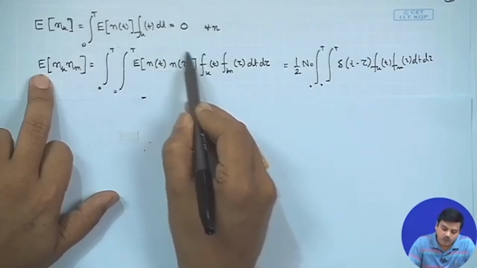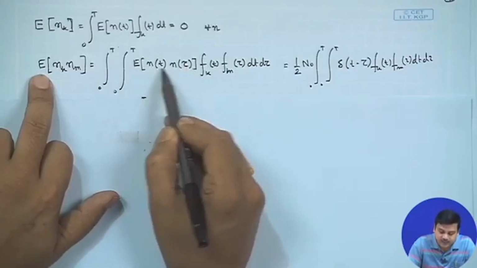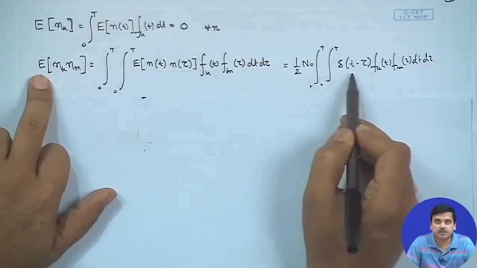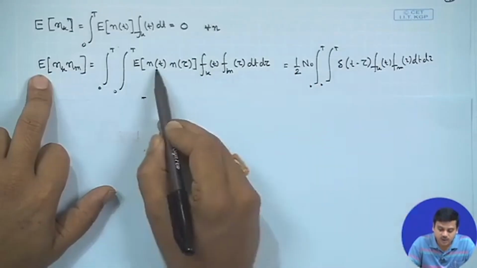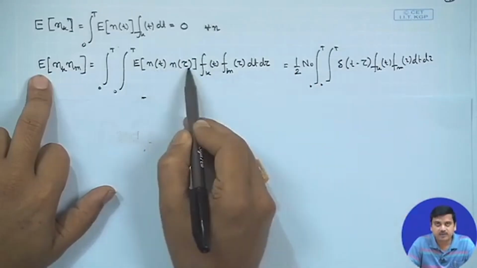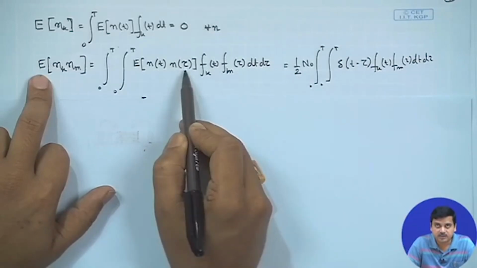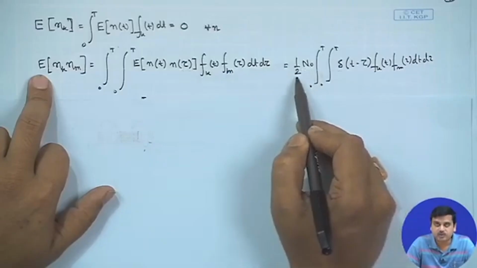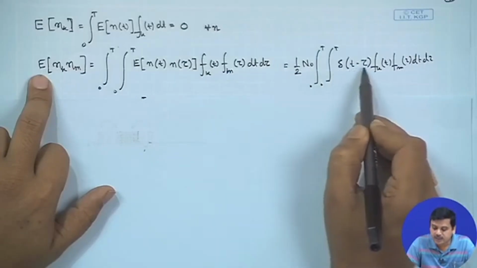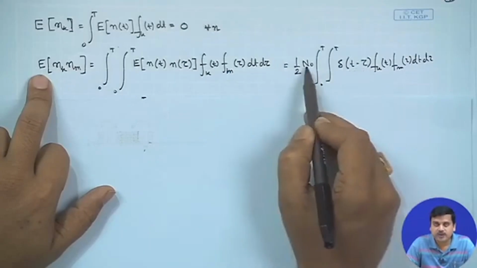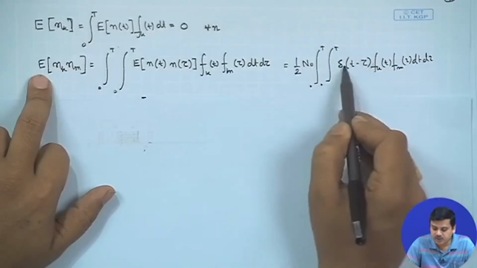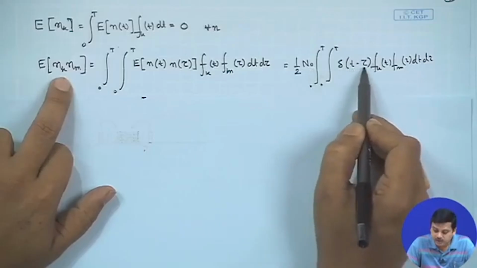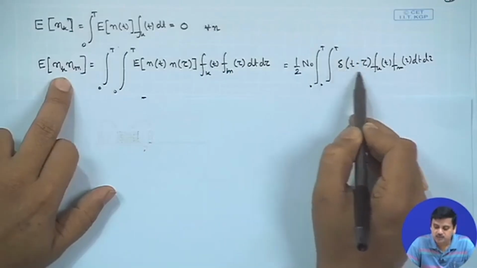Now, we know that E of n t n tau is delta t minus tau from our earlier discussions. That means noise at two different instants of time is uncorrelated for white Gaussian noise, and it is equal to N naught by 2. So for t equals tau, the delta term is equal to 1 and the correlation is N naught by 2, and for t not equal to tau, it is equal to 0.